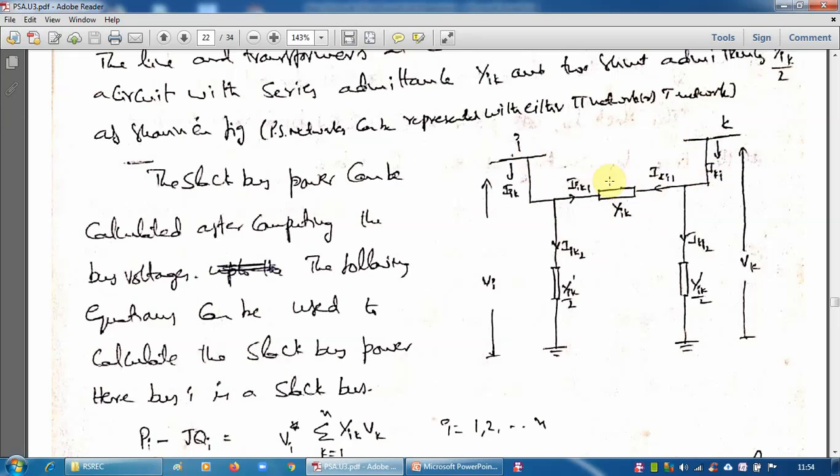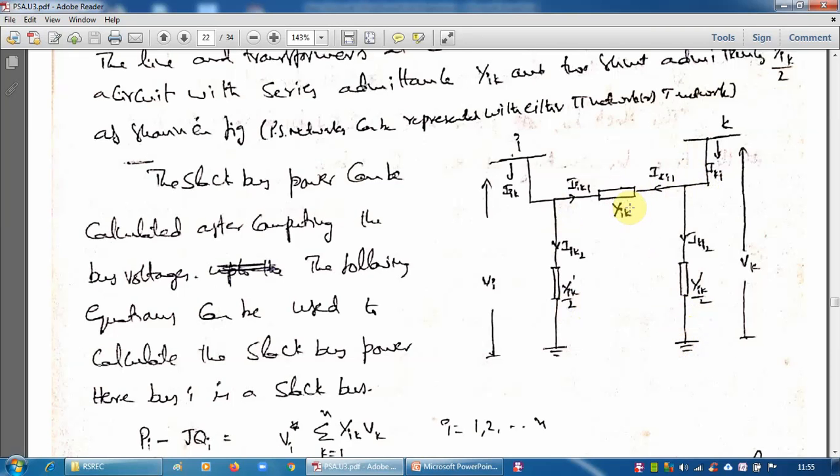That line is, we know, modeled as a pi model like this. So if it is modeled like this, this is the current injected from bus I into the line, IIK. This is the current injected from bus K into the line, IKI. As this is a pi model, let this current be IIK1, this IIK2, and this IKI1, IKI2.